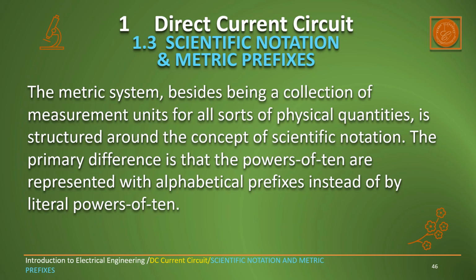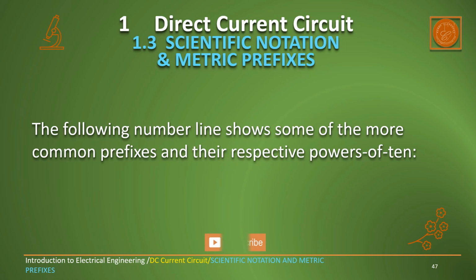The primary difference is that the powers of 10 are represented with alphabetical prefixes instead of literal powers of 10. The following number line shows some of the more common prefixes and their respective powers of 10.